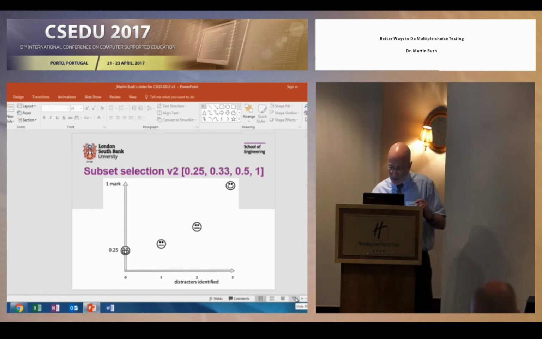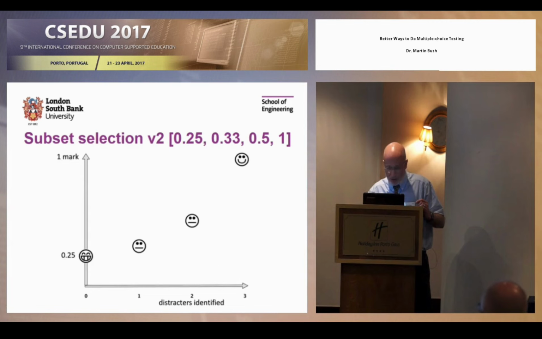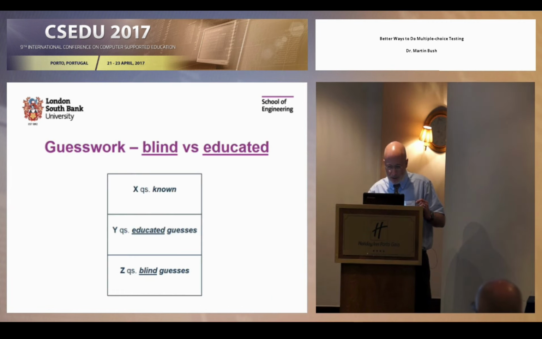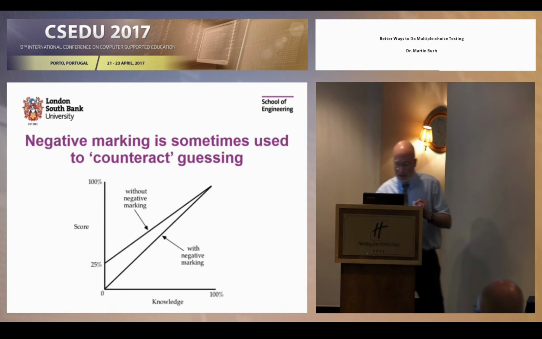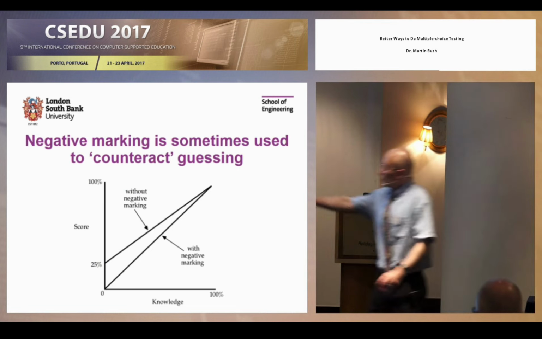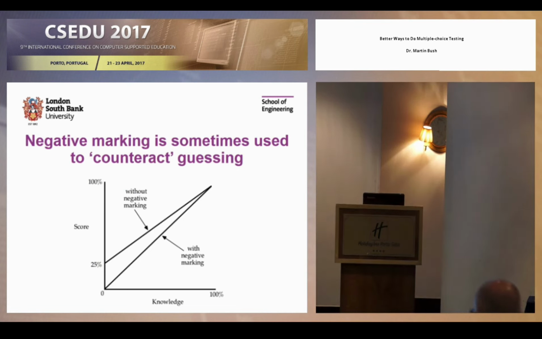But having said that, I'll just go back to this slide here. There's a gap, and this gap is indicating the guesswork. The more questions you have in a test, the more reliable it is, but the lower the scores, the more likely it is that an element of those scores is due to guesswork.